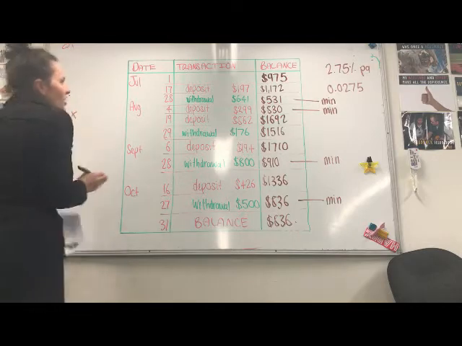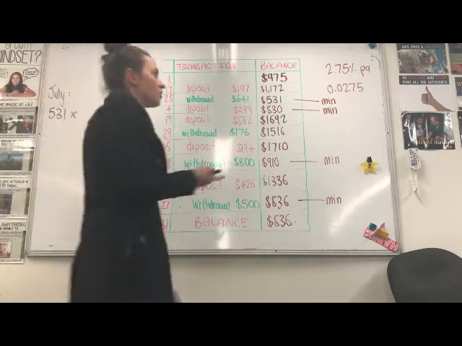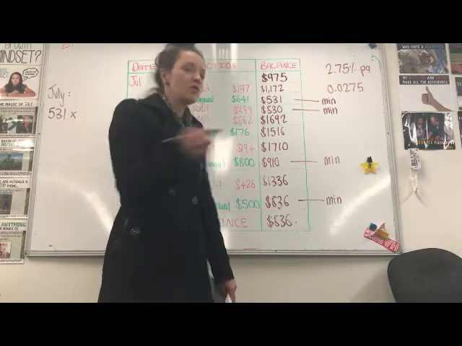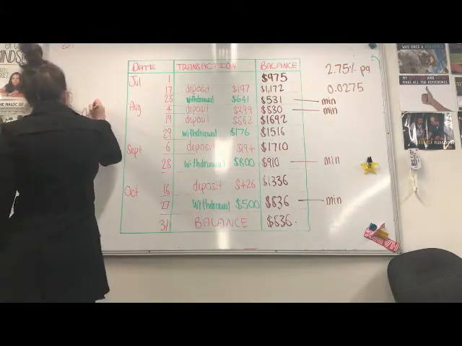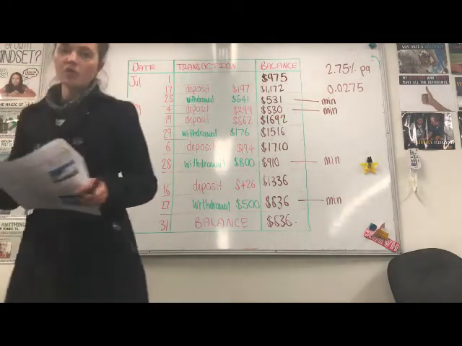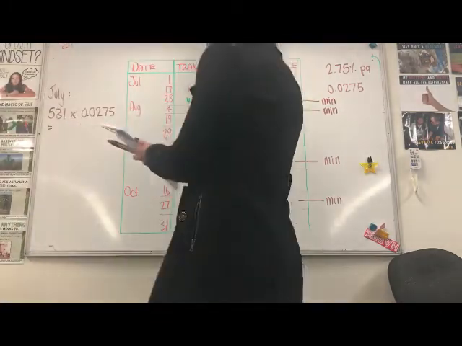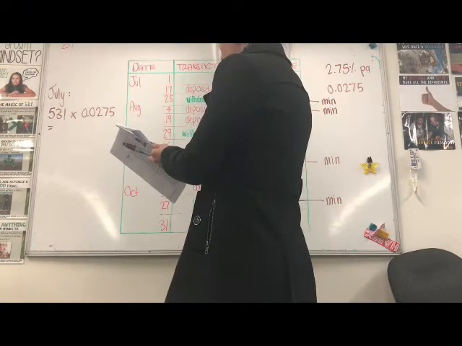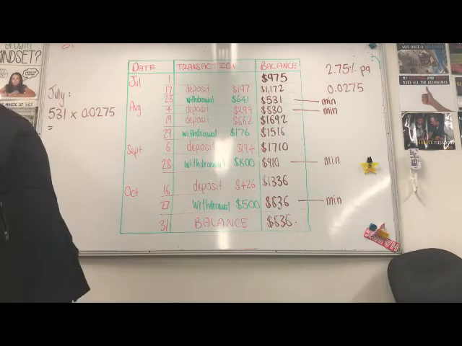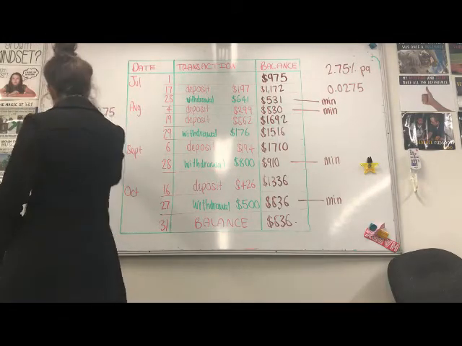Now if we times that by 2.75%, obviously we need to convert that to a decimal, so that's going to be 0.0275. So 531 times 0.0275 equals $14.60.